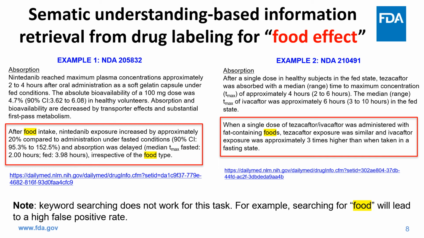Although the word food appears in the paragraph, using keyword searching for food will lead to a high false positive rate. An NLP algorithm has been applied to implement semantic understanding-based information retrieval. We are now able to correctly label the paragraphs with food effect information in drug labeling.